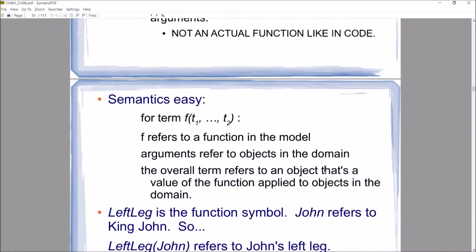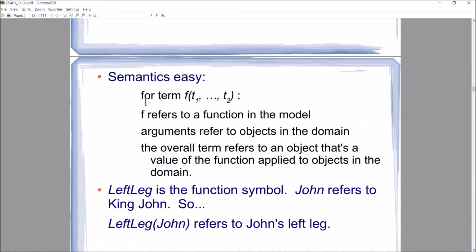The semantics are pretty easy for a term where you're using this function notation. All this is saying is you've got some function in your model, and you can name it whatever you want. So we're saying f, and then you have a bunch of arguments. Those arguments are going to refer to certain objects within the domain. So that overall term refers to some object that's the value of a function applied to objects in the domain.